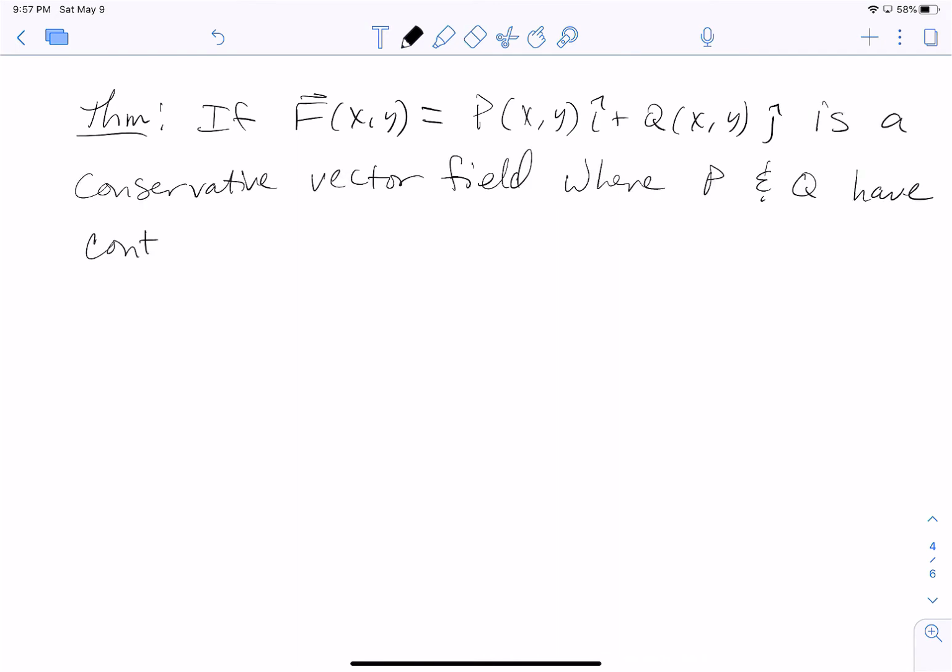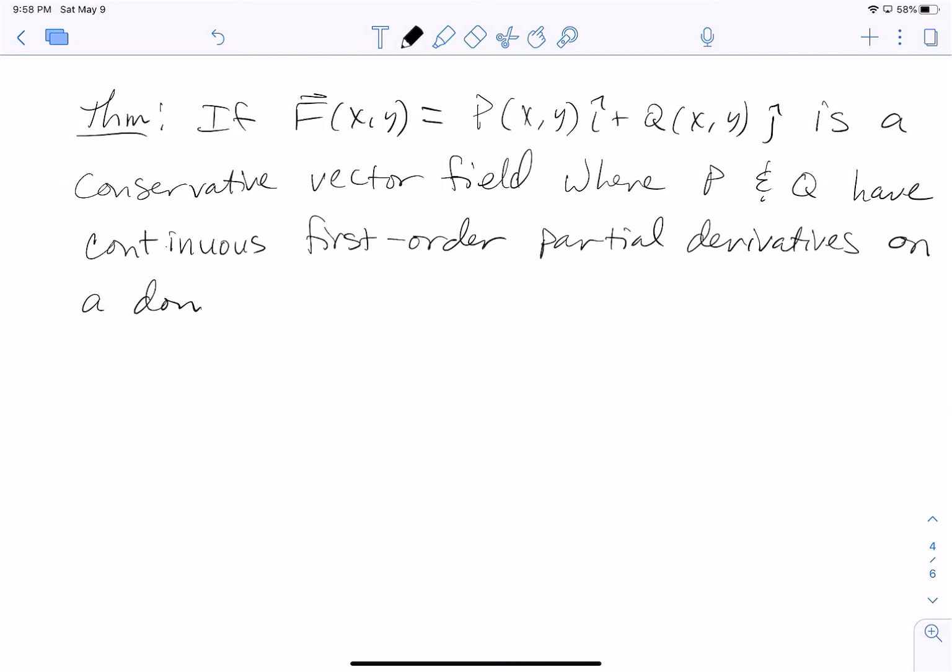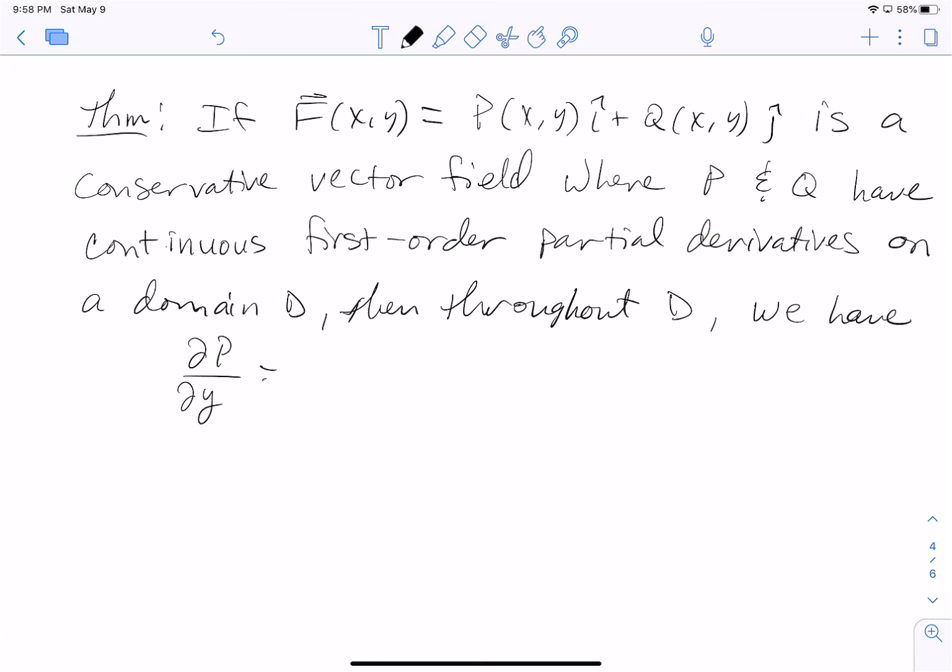I said this section was heavily theoretical. If F of xy, a vector field, is equal to P of xy i plus Q of xy j, and if this is a conservative vector field, where P and Q have continuous first-order partial derivatives on a domain D, then throughout D, we have that the partial of P with respect to y is equal to the partial of Q with respect to x.